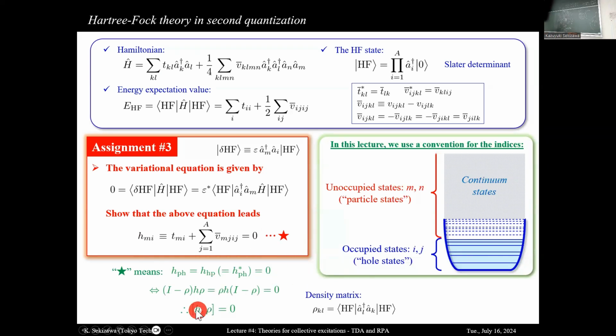And you can manipulate some equations. So this indicates particle, the particle-hole and hole-particle.